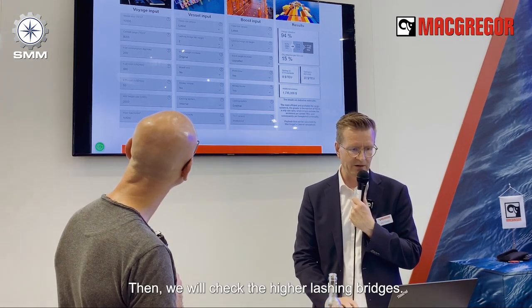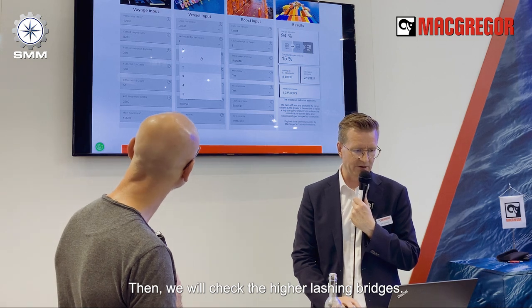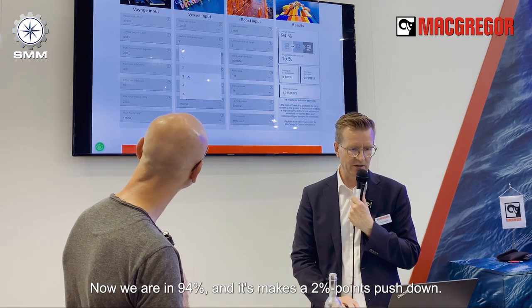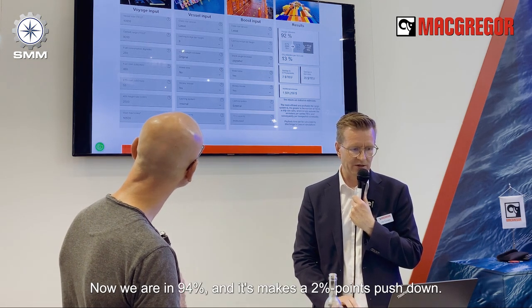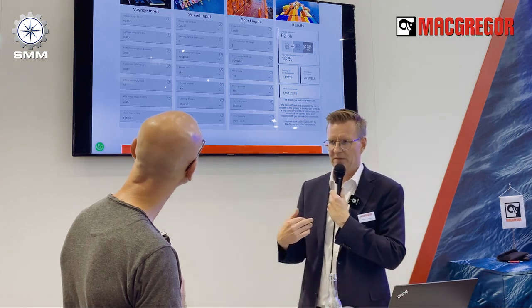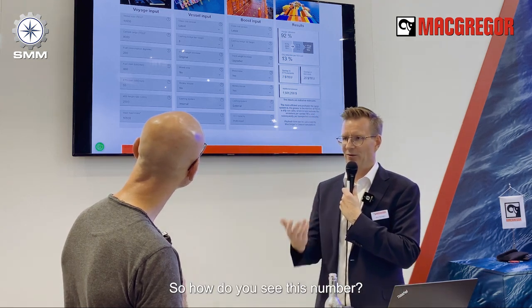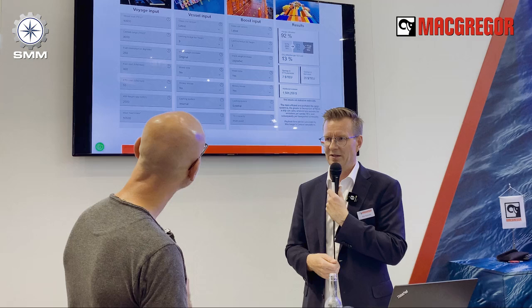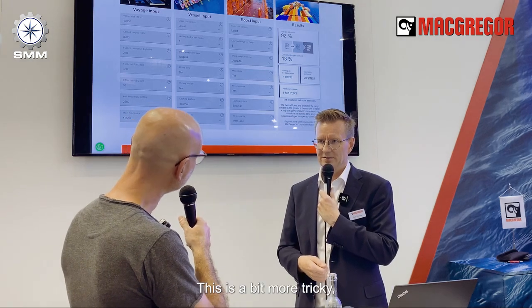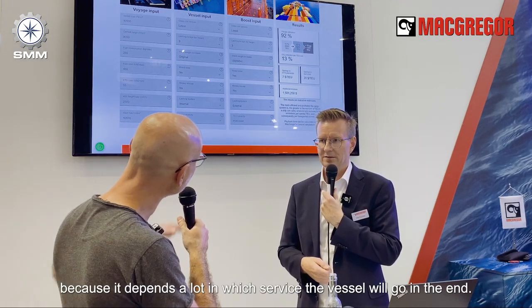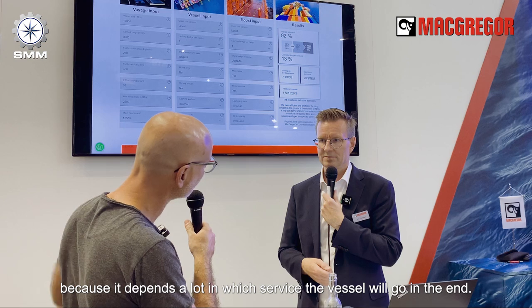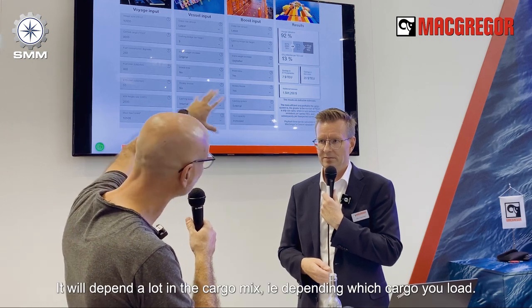Then we check the higher lashing bridges. Now we are at 94, and it's 2% points down. So how do you see this number? This is a little bit more tricky because it depends a lot on which service the vessel would go in at the end, because it will depend a lot on the cargo mix.